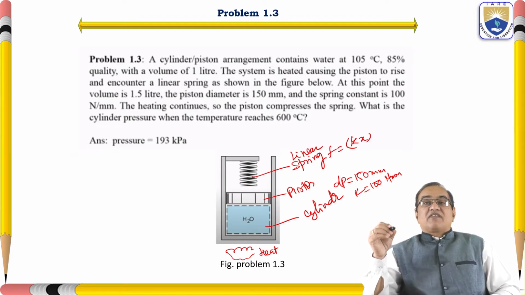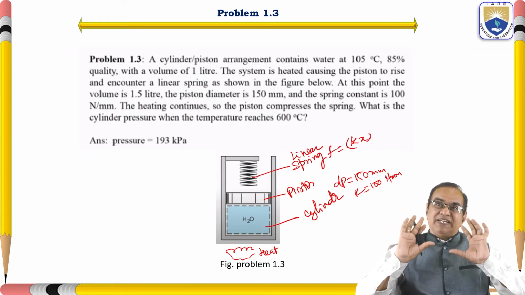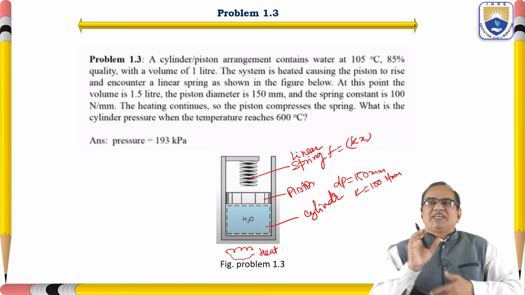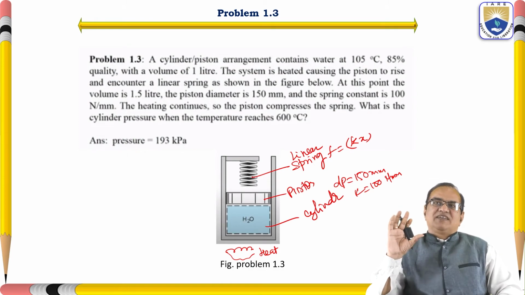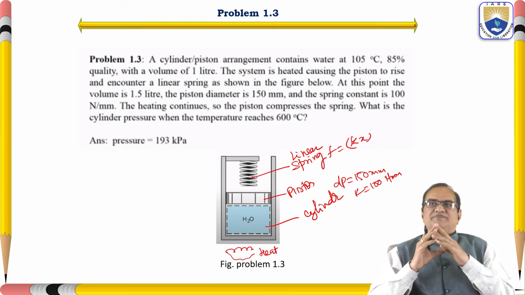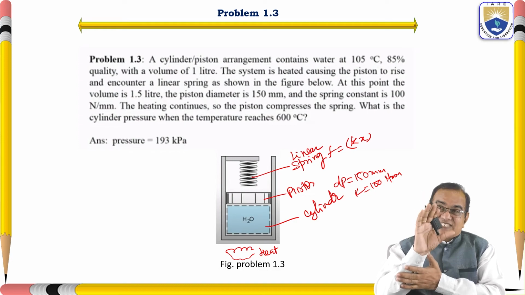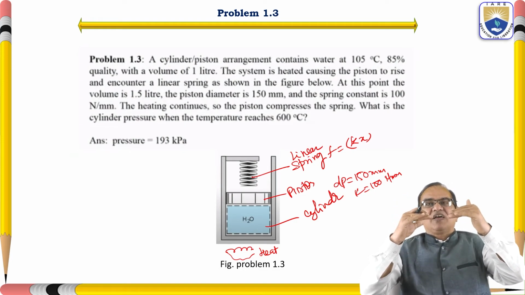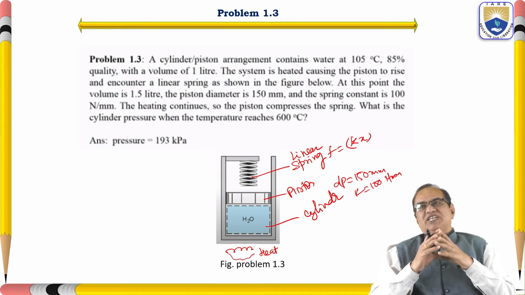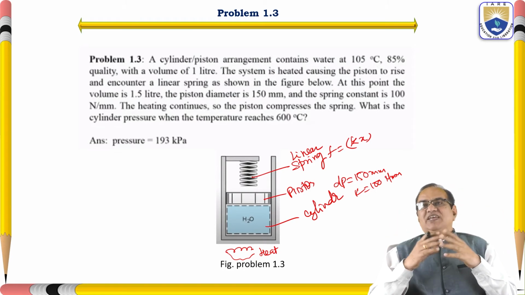The heating continues, so the piston compresses the spring. So it will be heating till the time the spring is hit and it is compressing. As it is touching, the volume will remain constant, but the pressure will be increasing.